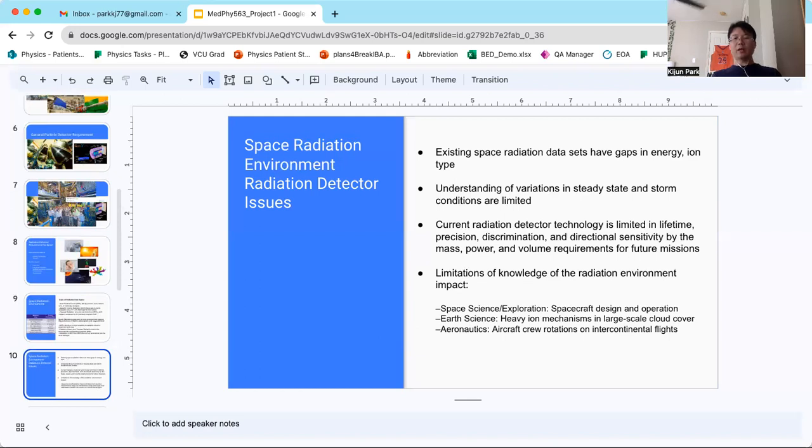The limited knowledge of the radiation environment has an impact on space science, astronaut safety, and Earth science. So developing detectors in space will boost our understanding and knowledge.